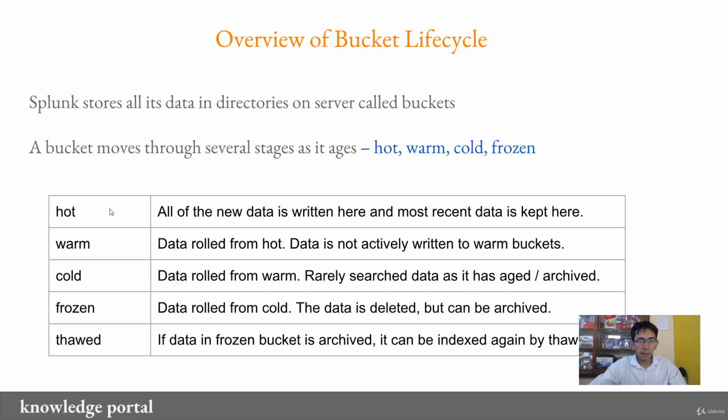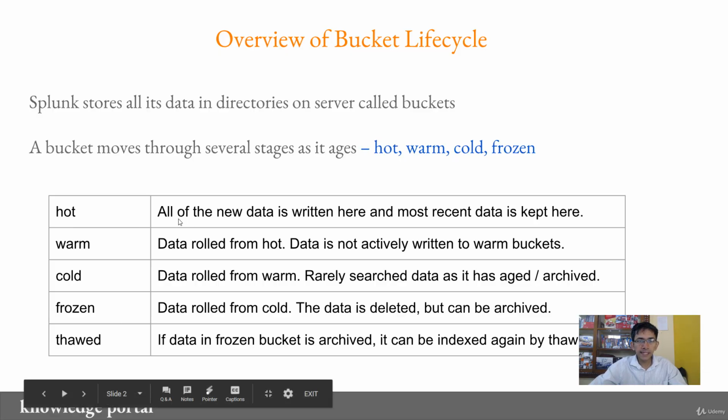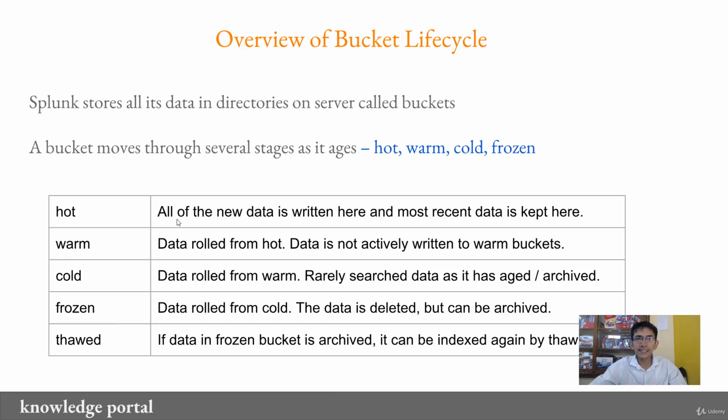Now, coming to the bucket lifecycle, you primarily have hot, warm, cold, frozen, and thawed. Hot is basically any new data that is being actively written to Splunk, or any most recent data, and it gets stored within the hot bucket.